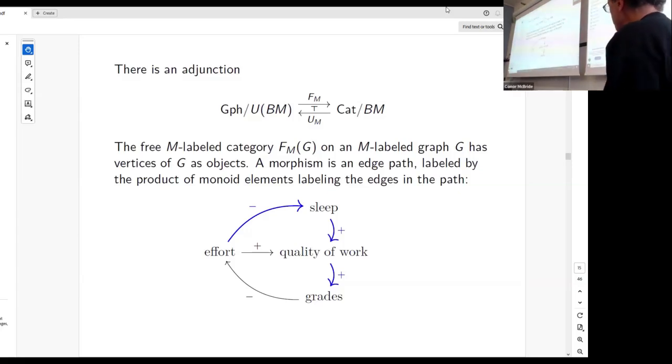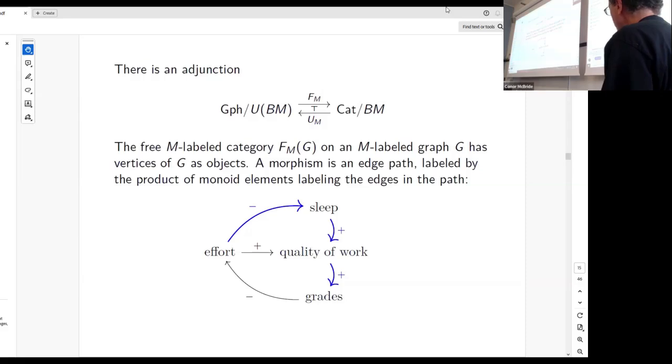And so what that is just saying is that although effort does not have a direct impact on grades, it has an indirect impact on grades because effort affects sleep, and sleep affects quality of work, and quality of work affects grades. And this particular indirect impact of effort on grades will have a minus sign, right?